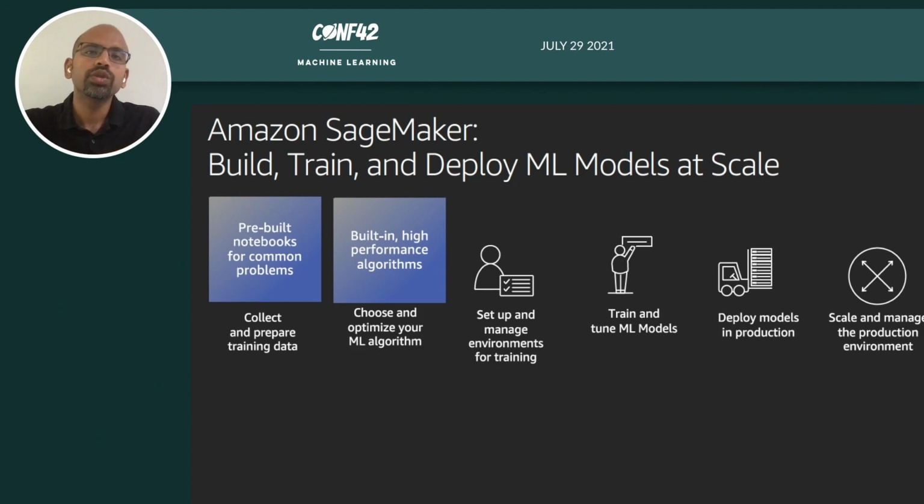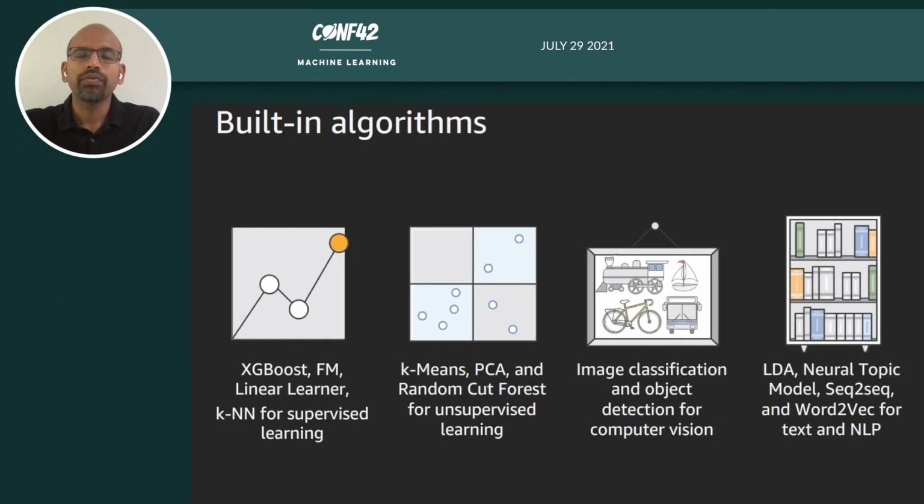You then need to choose the right algorithms to go with it. When it comes to algorithms, we have lots of choices within the SageMaker world. Be it regression, classification, or image and vision-based AI models, you have quite a lot of built-in algorithms that come in very handy.